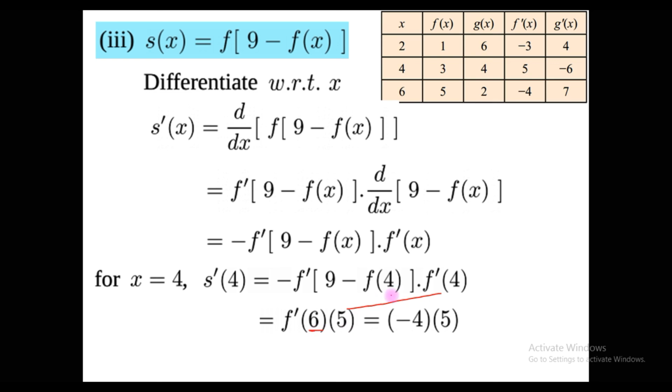Now I need to go back to the value of f dash of 6. What is f dash of 6? It is nothing but minus 4. So I am replacing f dash of 6 by minus 4. Minus 4 times 5 comes out to be minus 20, which is the final answer.